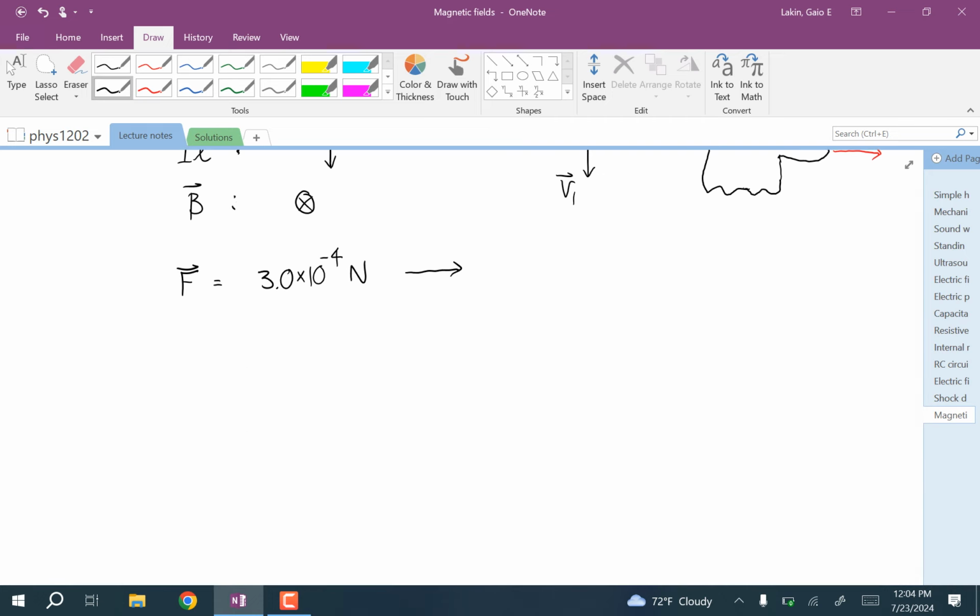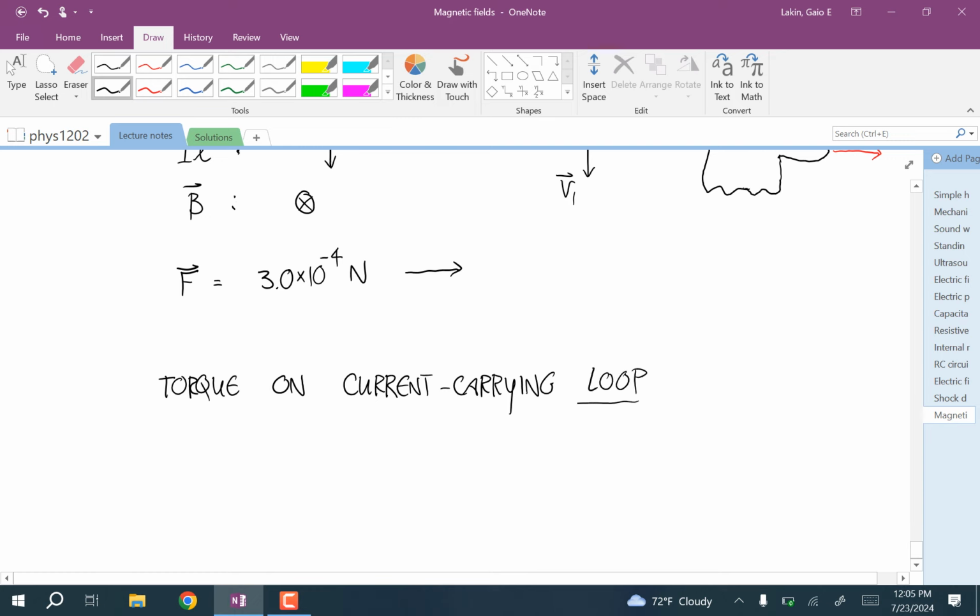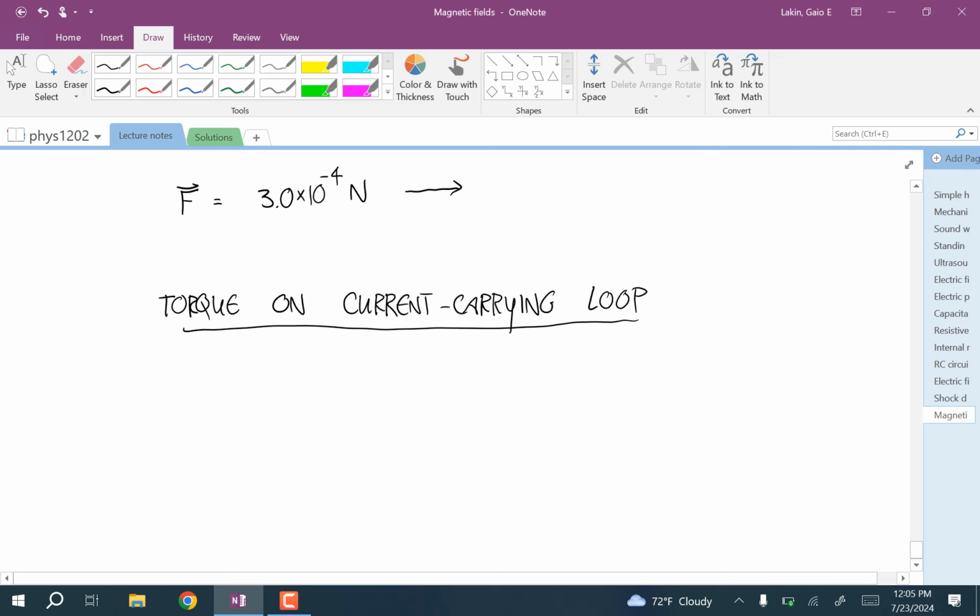Okay, the last thing that we're going to talk about is the torque on a current carrying loop. So if you have a magnetic field, let's say it's going this way, and you have a loop of wire that's kind of flat in the plane of the magnetic field.